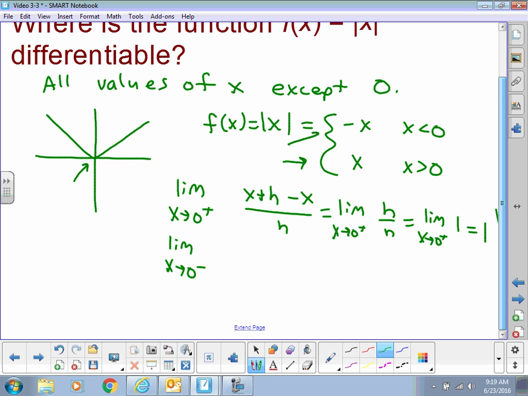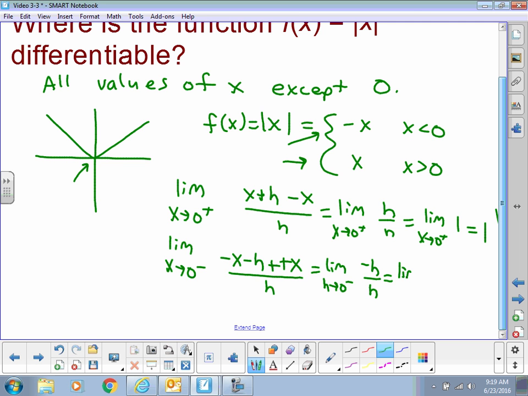And very similar, when we do our limit as h approaches 0 from the left, we're going to be using this function now. So when we sub in an x plus h, the negative will distribute to both, so it'll be -x minus h. And then we'll have minus a -x all over h. So this will be limit as h approaches 0 from the left. We'll be left with, since it's plus a plus, you'll have minus h.